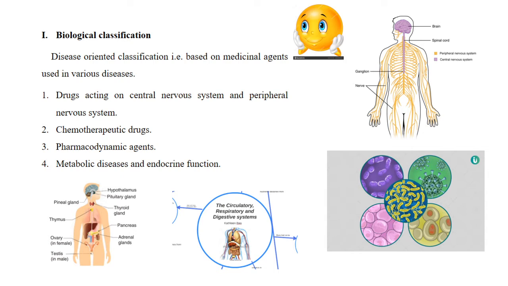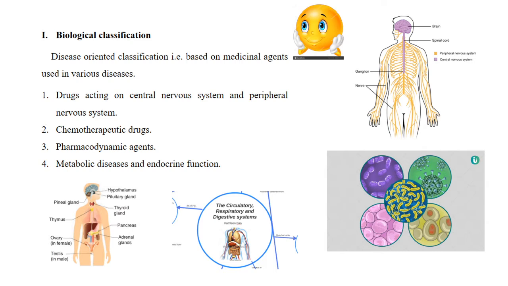It may be any infection, or other physiological disorders such as disorders in blood or blood circulation, or disorders in the gastrointestinal tract, etc. So any drug that helps to treat diseases or any other physiological disorders can be categorized under biological classification. So again, here there are four categories.